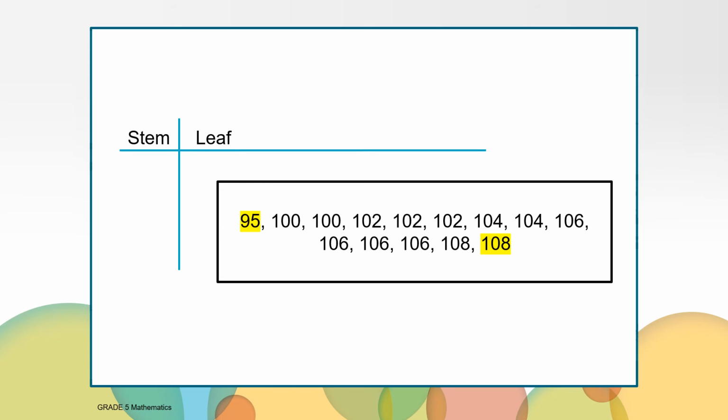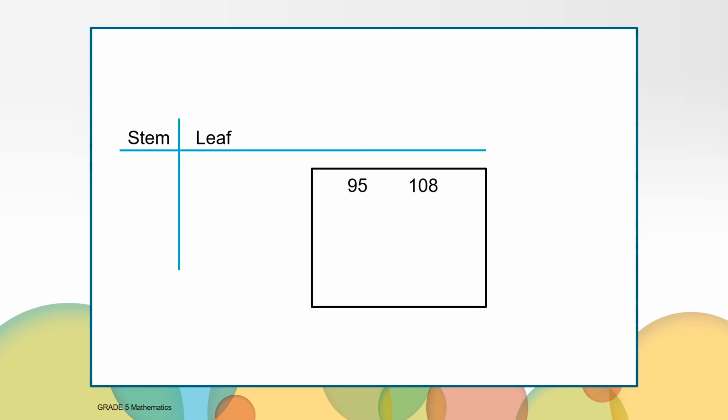We know from the last stem and leaf plot that all of the leaves will be one-digit numbers. So, what will our stems be? In the number 95, we have a 5 in the ones place and a 9 in the tens place. In the number 108, there are 8 ones and 0 tens.